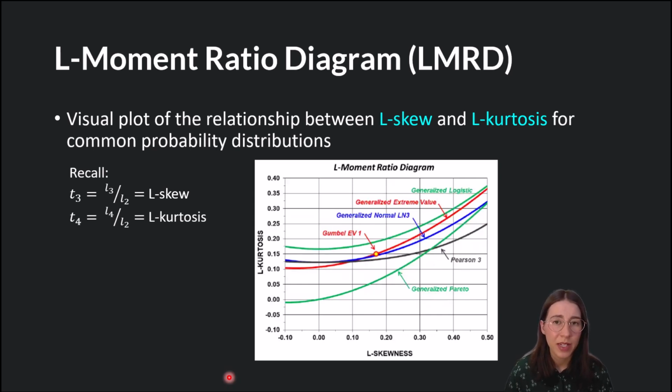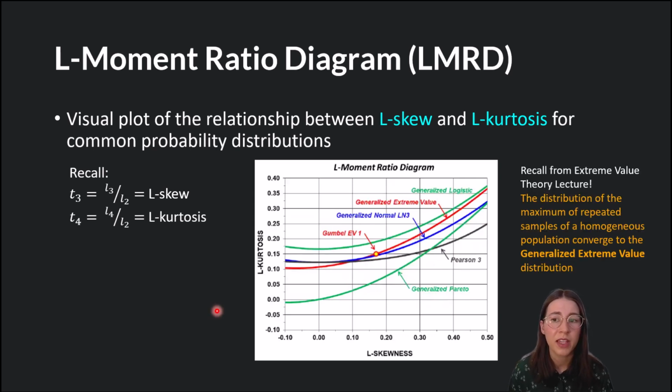The way that we read an L moment ratio diagram is by plotting the skewness and kurtosis on the plot and comparing it to these curves that represent known and common probability distributions. For example, the generalized Pareto, the generalized extreme value in red, and generalized logistic. When you plot a point on the L moment ratio diagram, whichever curve that it falls closest to is the distribution that is best fitting.